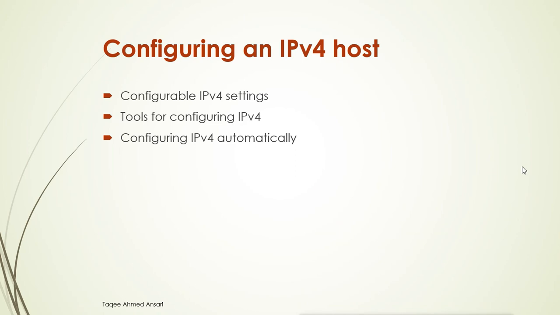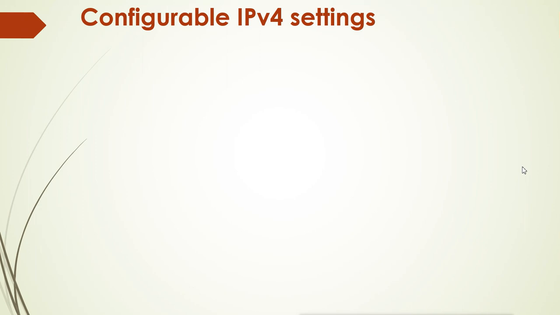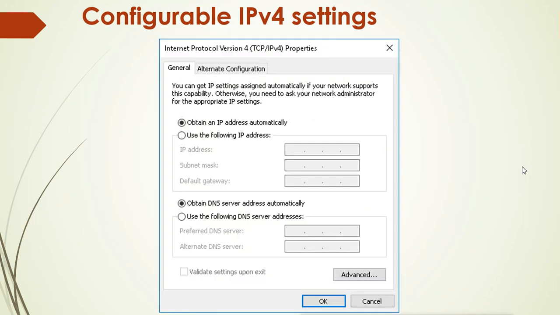Now for configuring the IP address, we can configure it from our Internet Protocol version 4 properties, TCP/IP, IPv4 properties. We can select this.